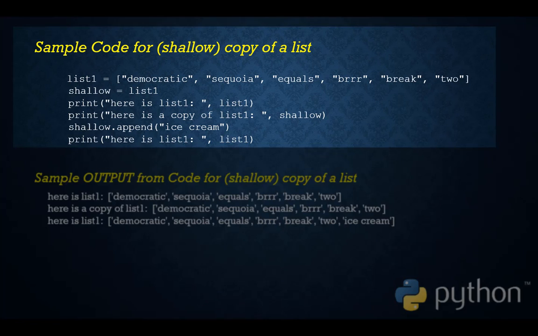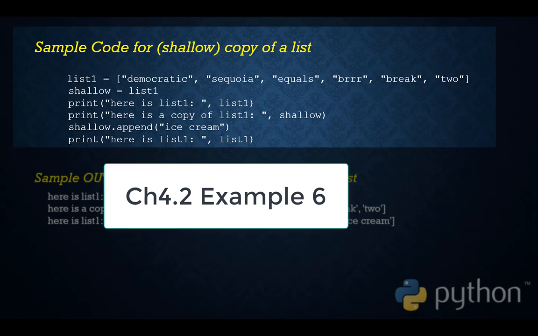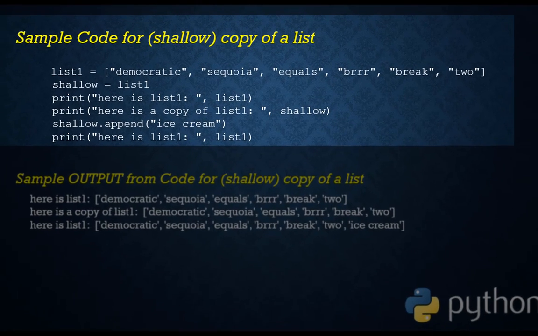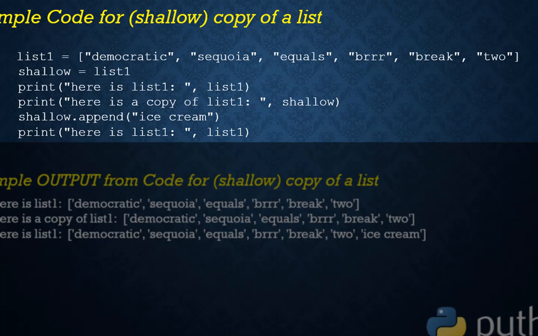Here is sample code for a shallow copy of a list. We are using the Chapter 4, Section 2, Example 6 code. List 1 consists of 6 words: democratic, sequoia, equals, burr, break, and 2.